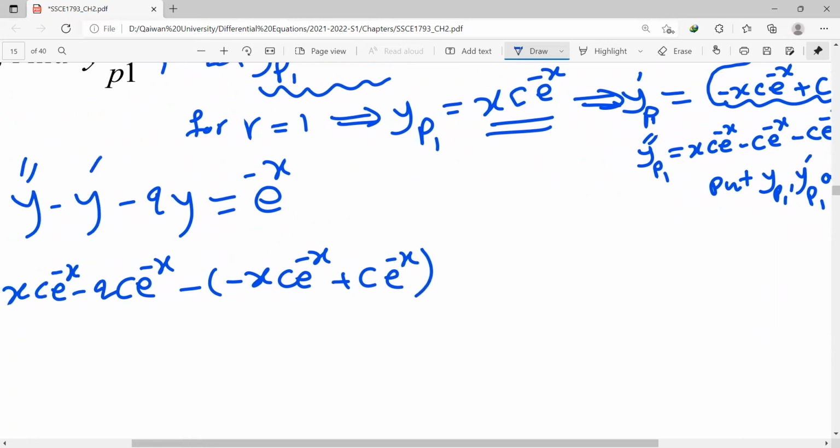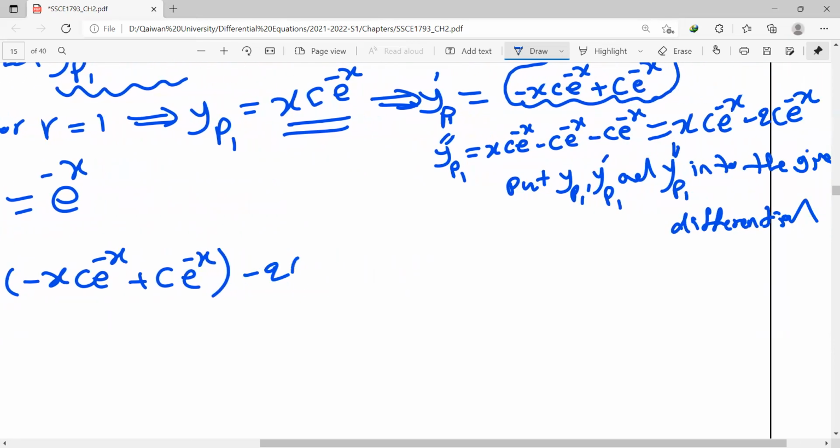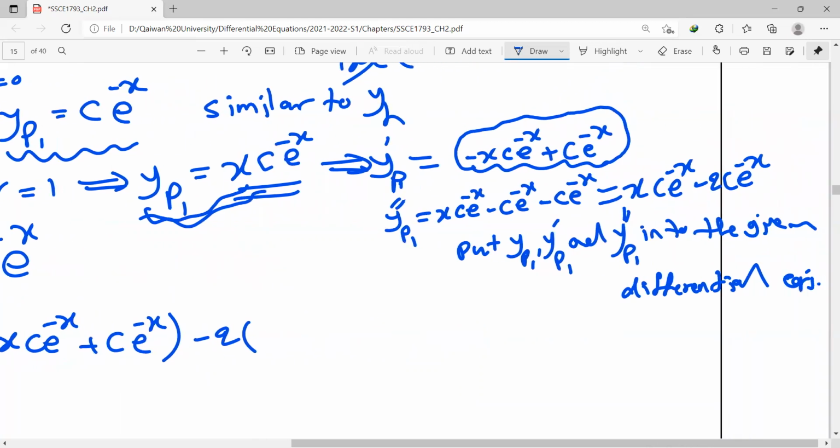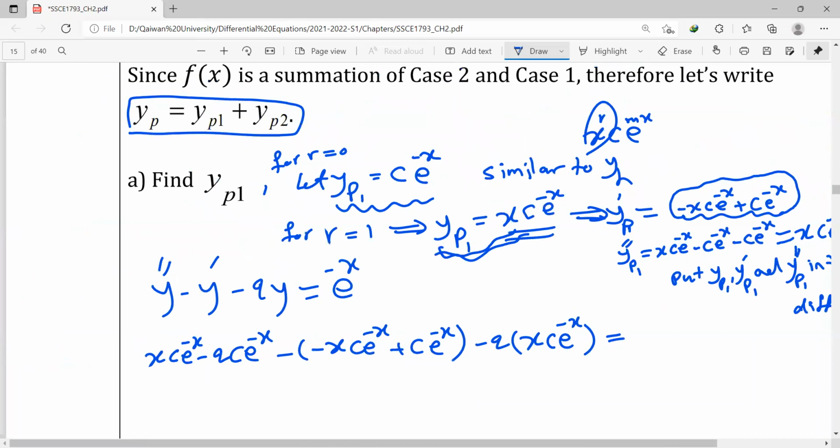Then minus 2 times y. What's y? Y is yp1, which is x c e to negative x. And it equals the right hand side, which is e to the power negative x.